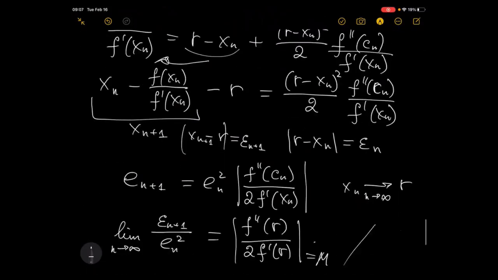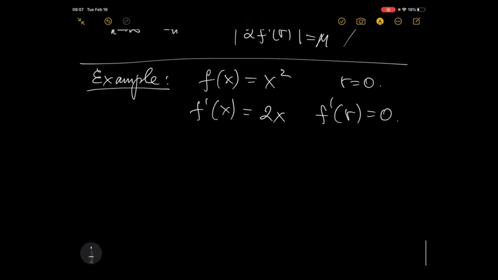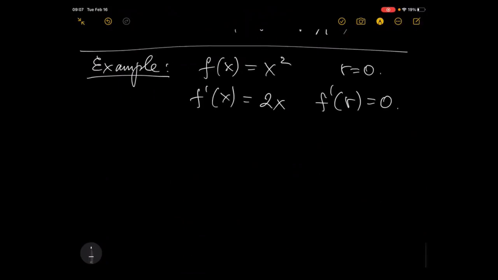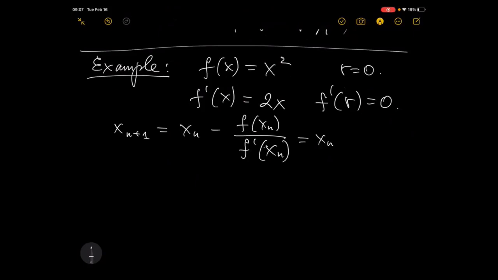Let us try to figure out what will happen. Let us write formally the Newton's method. Let me remind you, the formula which we derived before is this one. It will be xn minus xn squared divided by 2xn.